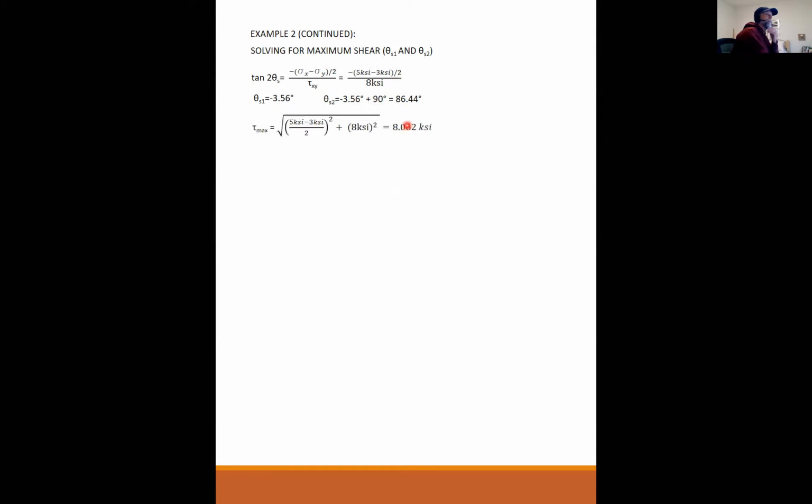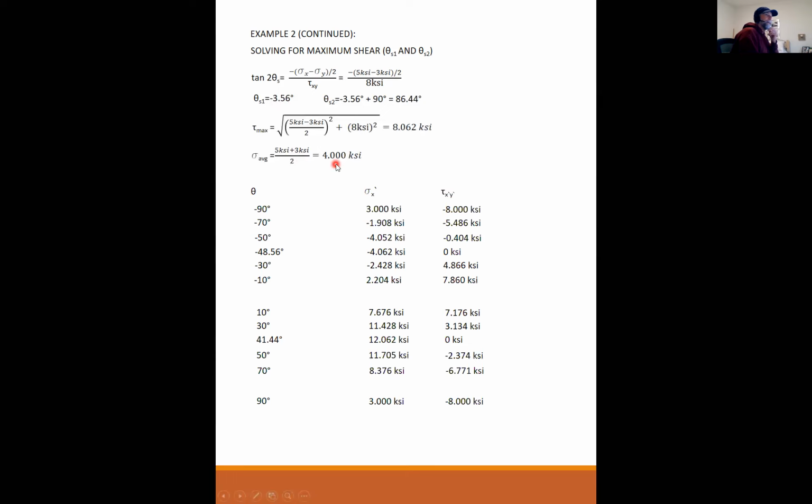And we can solve now for our tau max, which is 8.062. And our average is 5 plus 3 over 2, which is 4. And guess what? We can put these into our study. So there's our minus 3.56. There's my average stress right there.